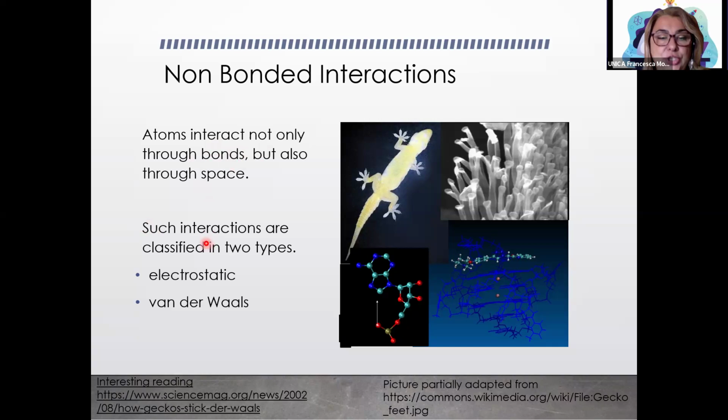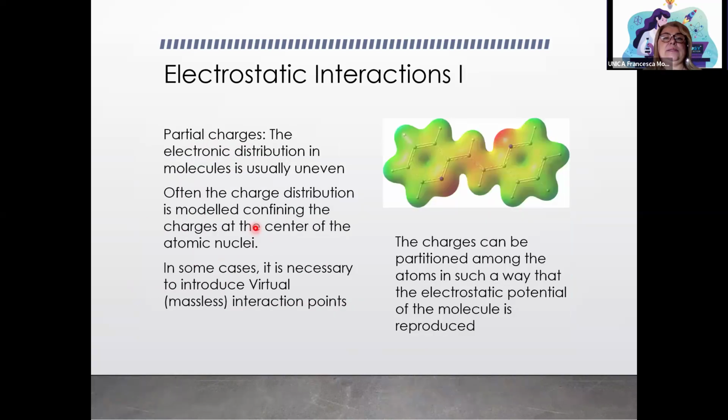And these interactions are classified in two types, electrostatic and van der Waals. The electrostatic interactions are modeled, most commonly, using fixed partial charges on the nuclei comprising the molecule.